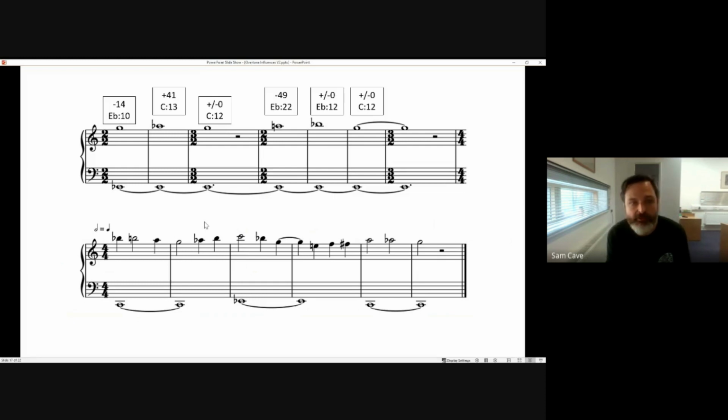Another interesting one that's harder to spot is the A flat in bar 2 being 41 cents sharp, the 13th partial of C, and the A natural in the 4th bar being 49 cents flat, the 22nd partial of E flat.